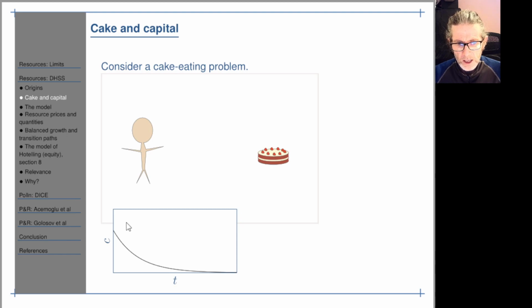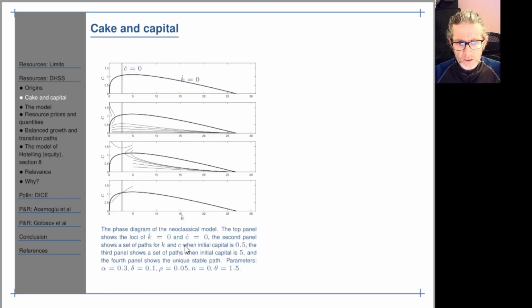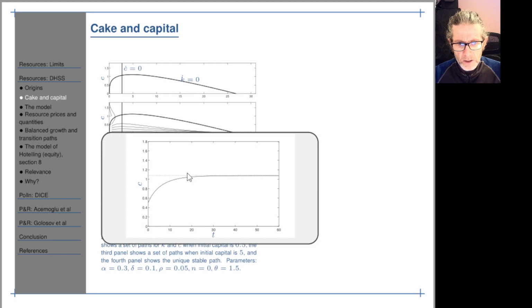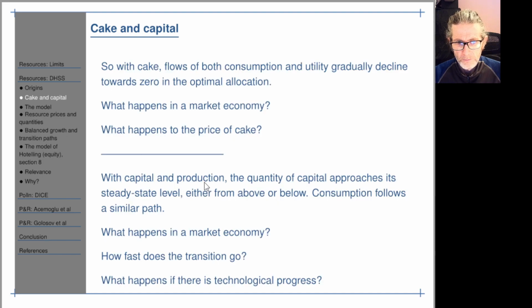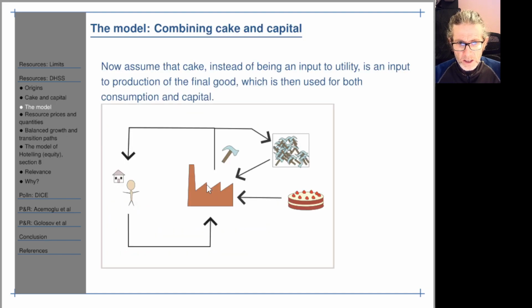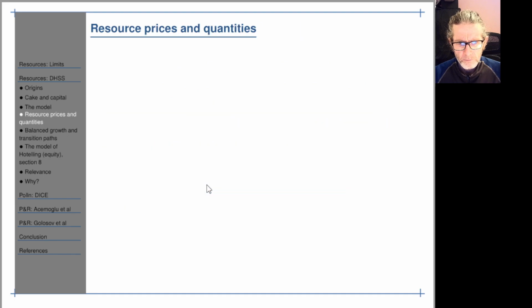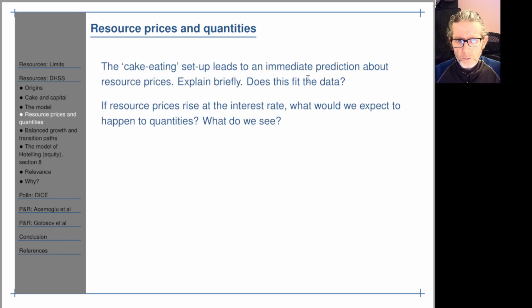It's conceivable there might be a hump early on if there's some kind of transition to a steady state or a balanced growth path, but in the long run we definitely expect to see something like this. And as we said about Solow, these transitions happen pretty quick, right? 20 years and you're on to the balanced growth. So we would expect resource prices to rise at the interest rate, and quantity you would expect to see declining.